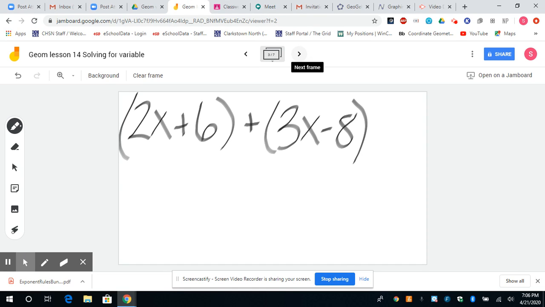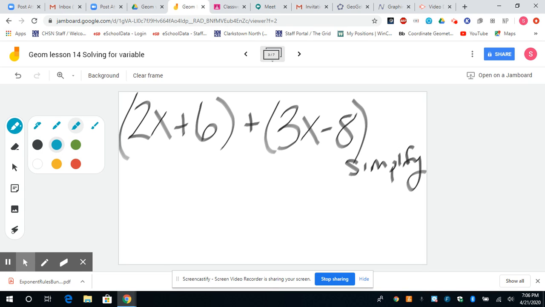That's the main thing I want you to realize here. I'm only solving if I see a what? An equal sign. Do you see an equal sign? No. So right now we're only simplifying here. We're combining like terms. We're trying to see what this expression is when we put it together.